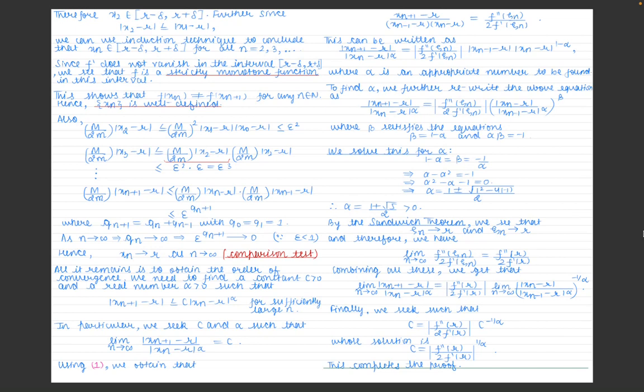So combining all this, we get that the limit as n goes to infinity of |x_{n+1} - r| / |x_n - r|^alpha is the same as f''(r) / (2 f'(r)) times the limit as n goes to infinity of |x_n - r| times |x_{n-1} - r|^alpha times this.